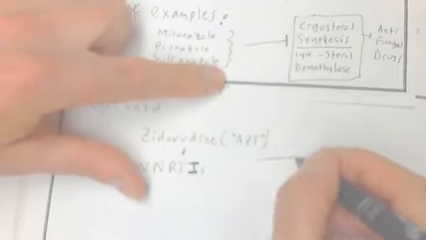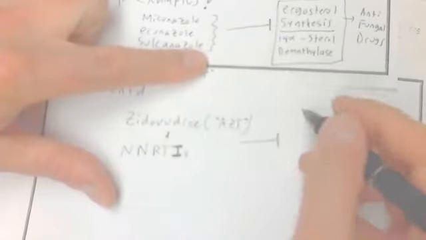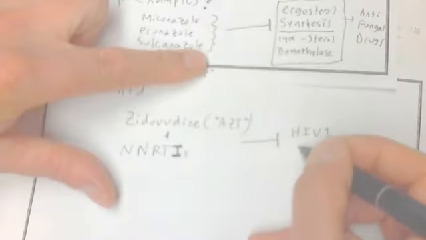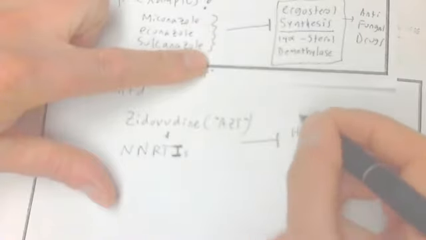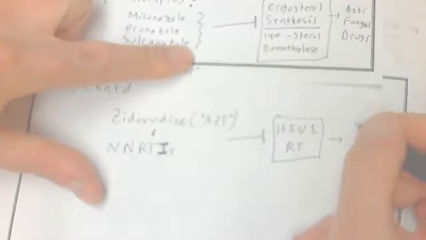These inhibit. So the little line with the cross at the end is a way of indicating inhibition. Of course, they inhibit HIV-1 reverse transcriptase, and as a disease, this is useful as an anti-HIV medication.